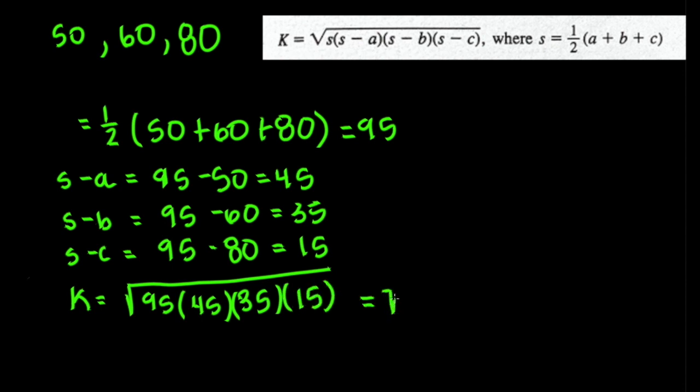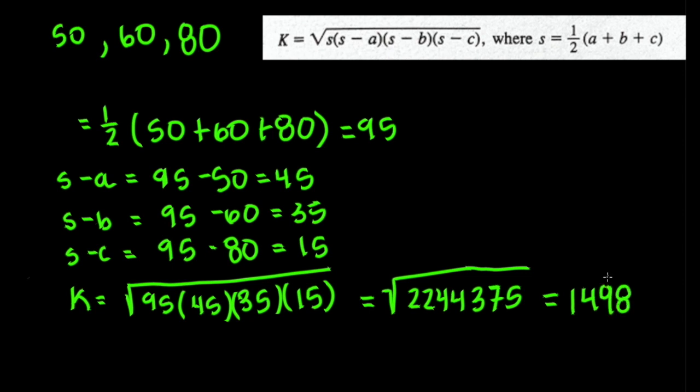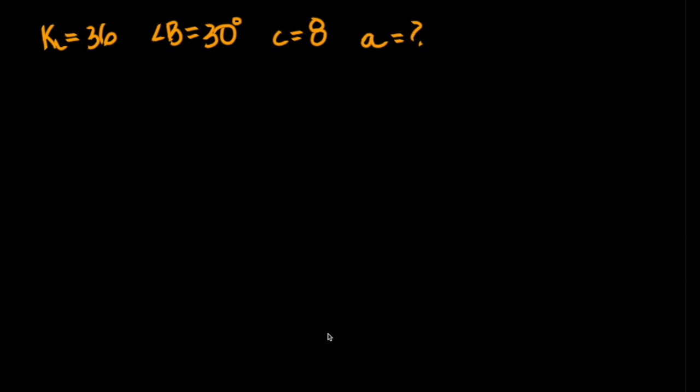And this equals the square root of 2,244,375, which we can approximately simplify to 1,498. For our final answer, we can round this to 3 significant digits, so the area of this triangular lot is 1,500 feet squared.